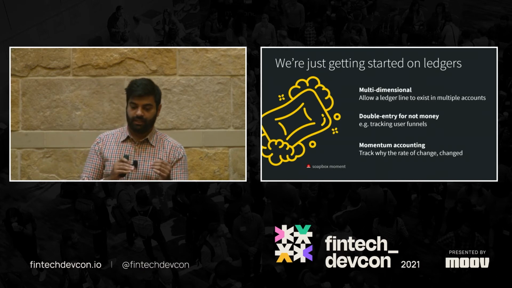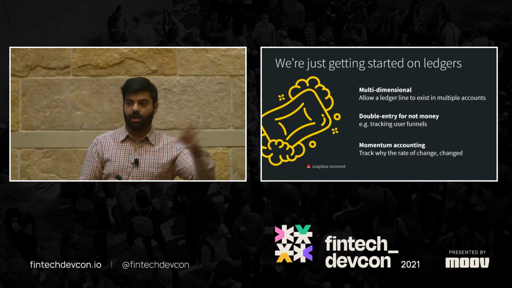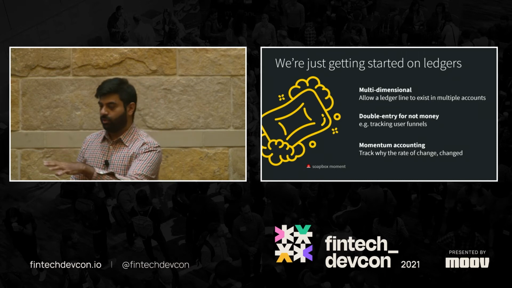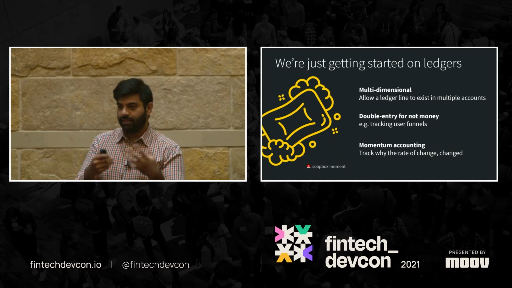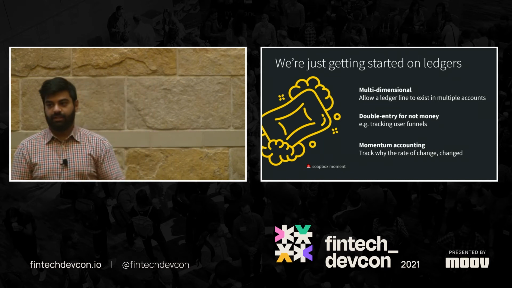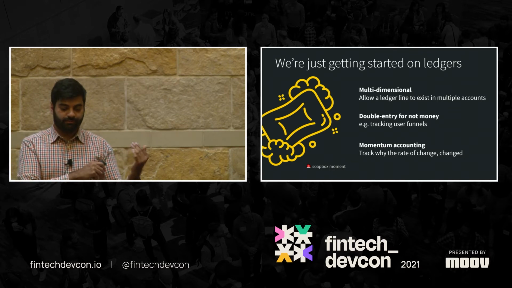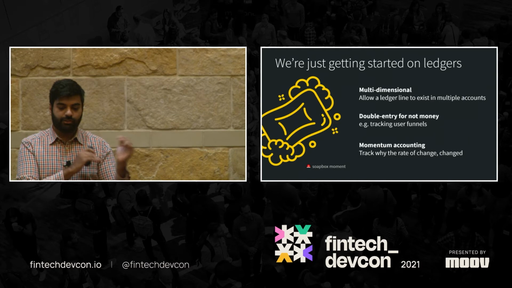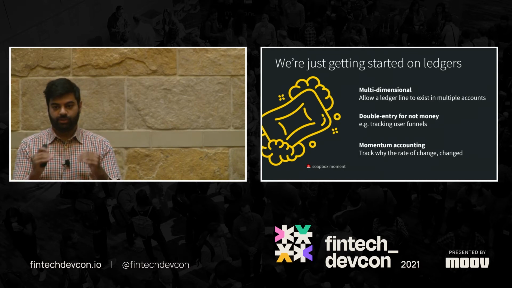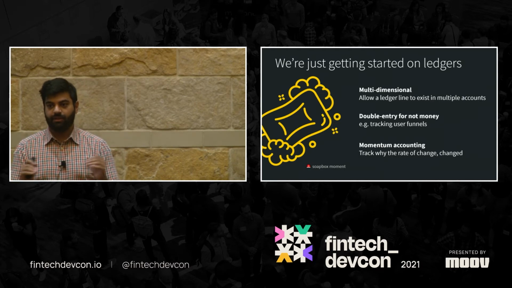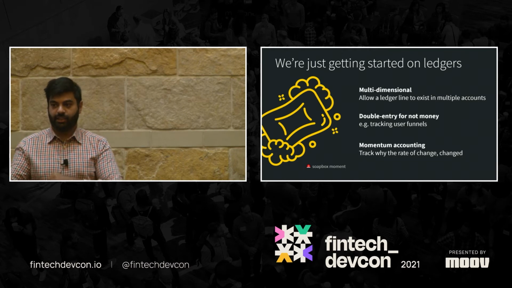You could attribute it to a marketing campaign, or to reaching product market fit, and those are the types of accounts you have. You're trying to track exactly why not just you have the money that you have, but why the amount of money you have is changing.